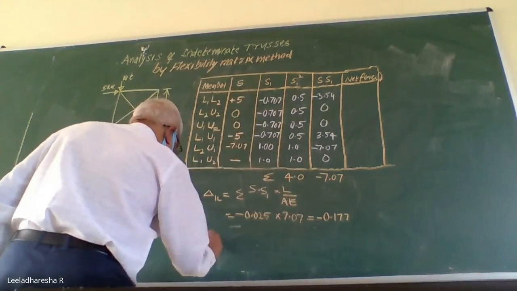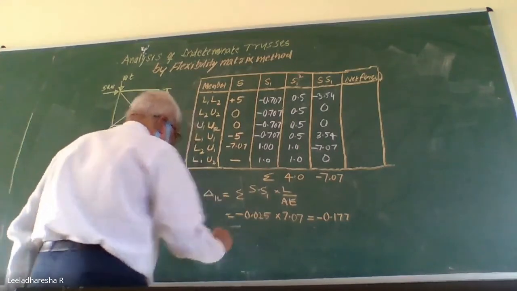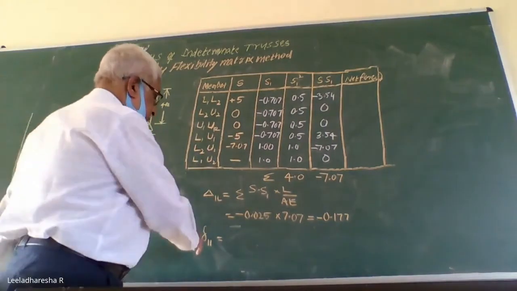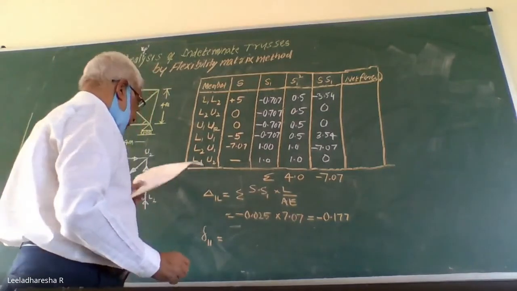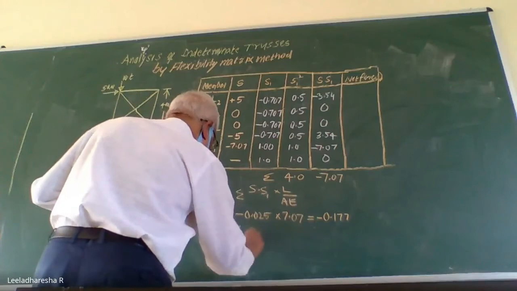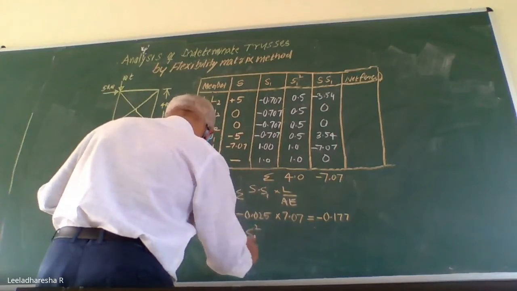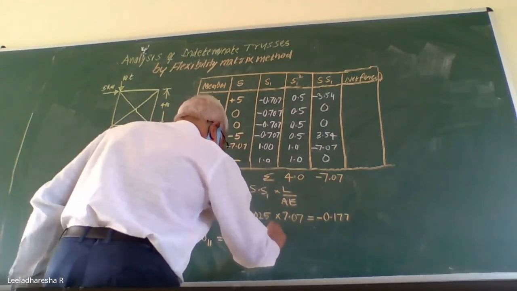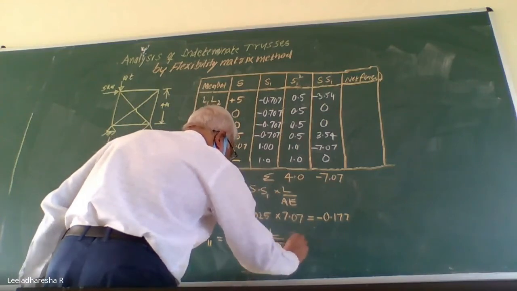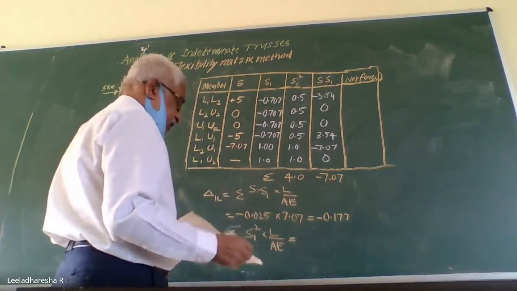Similarly, displacement at coordinate 1 due to unit load at coordinate 1, small delta 1, is equal to sigma S1 square into L by AE. Again, L by AE is given in the problem itself.